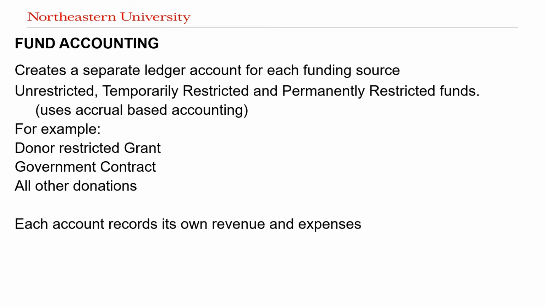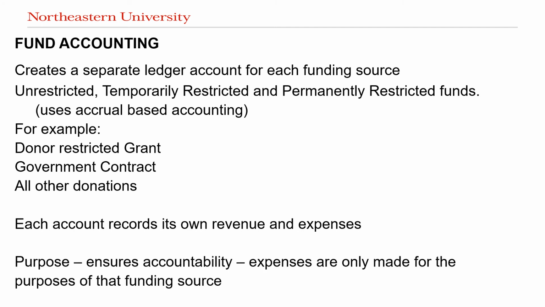So each funding source will have its own account, and each of these accounts will record the revenue and expenses specifically for that funding source, that account, and what was needed to perform those services. And the purpose is entirely to ensure accountability, that expenses are only made for the purposes of that funding source.